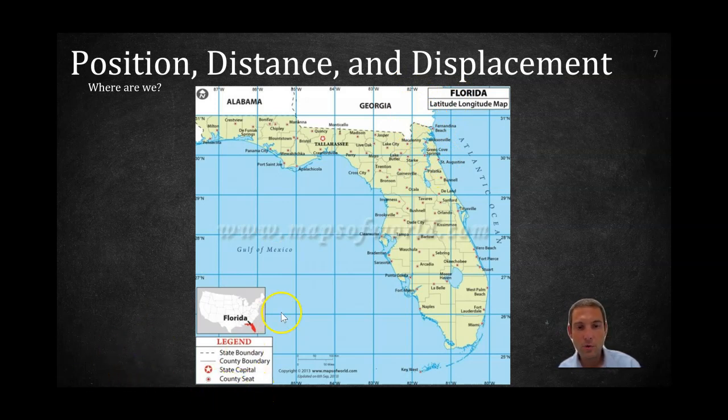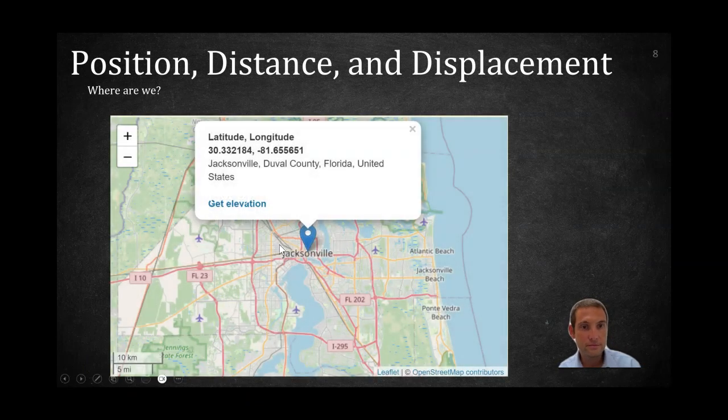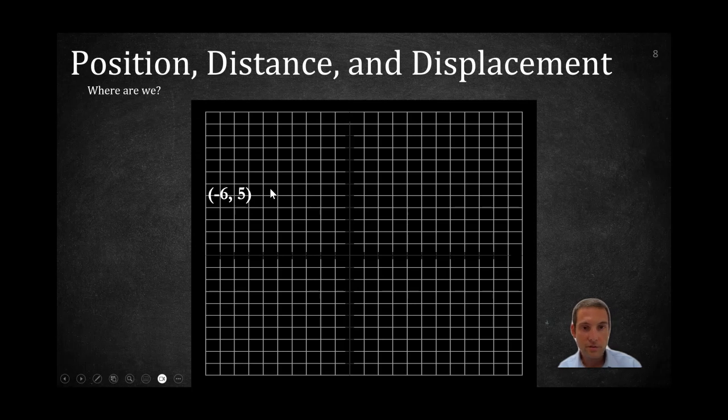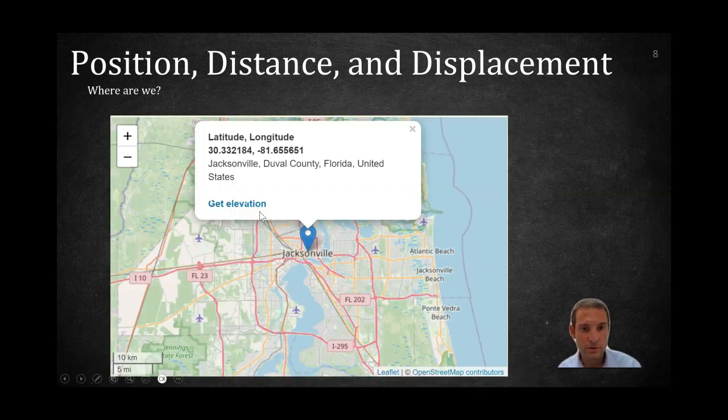We can be a bit more precise by using GPS. GPS is going to give us our exact latitude and longitude. Notice there is no mention of north or west. Instead, the direction is noted with positives and negatives. On a coordinate system, if we imagined this was the coordinate system, there would be a negative x and positive y, which is negative x, positive y.